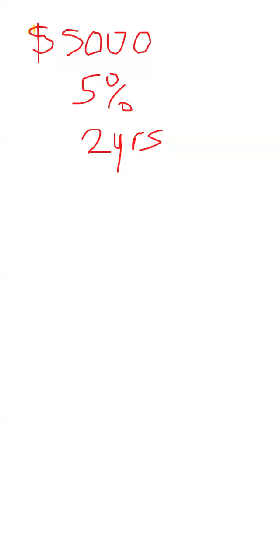Wait, so he wants to receive 5% of what he put every year. Well, yes, that's what it means technically. But there's a formula that makes it easier for you. Would I have to find 5% of 5,000? Yes, that would be one way.